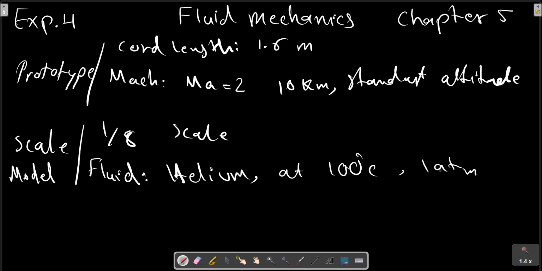Find the helium test section velocity that will match.